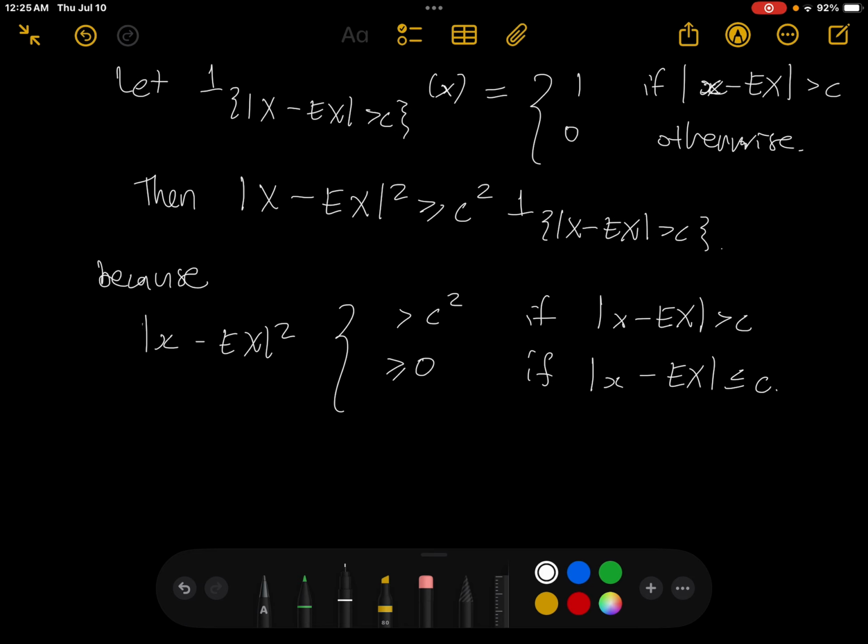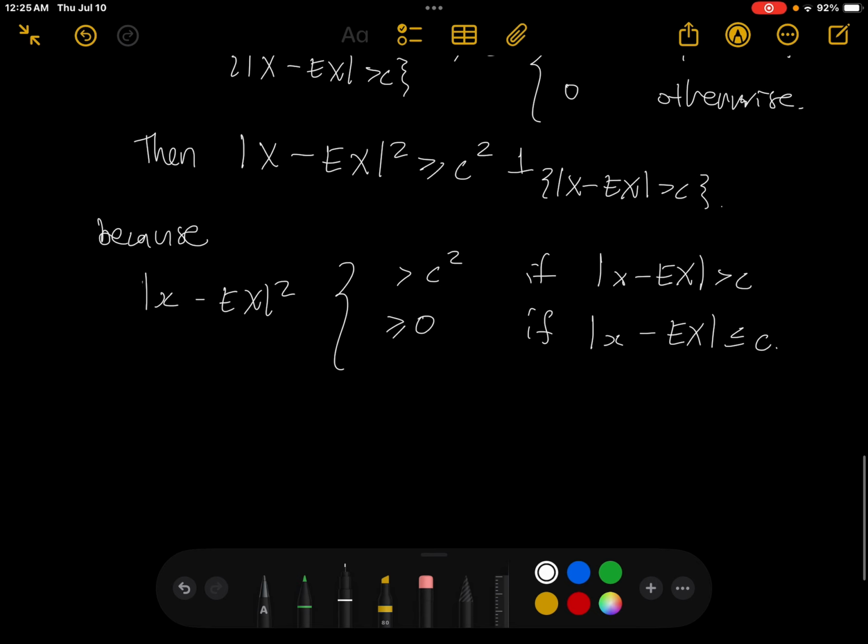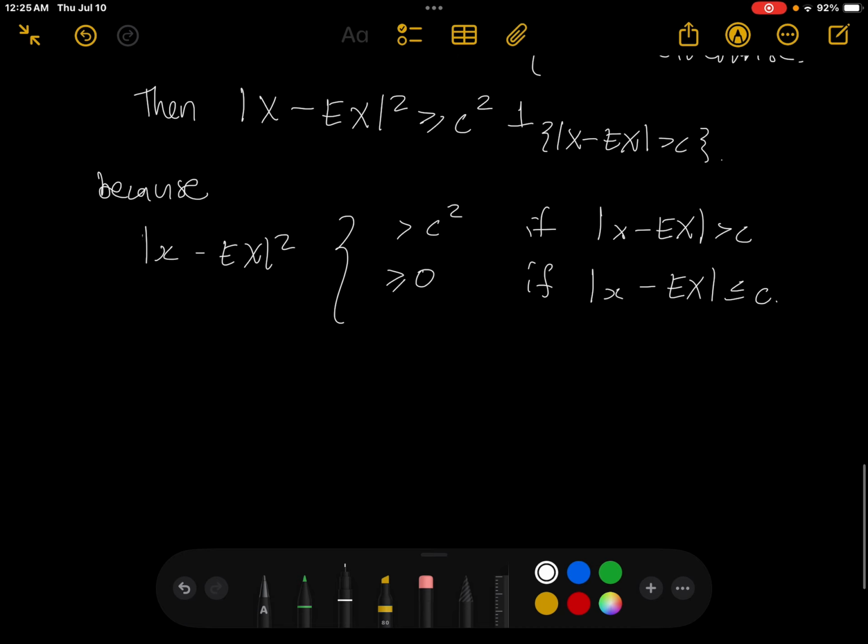Right? Because we know that it's always going to be non-negative. But if the thing inside is greater than c, then of course the thing inside squared is going to be greater than c squared, because c is positive.